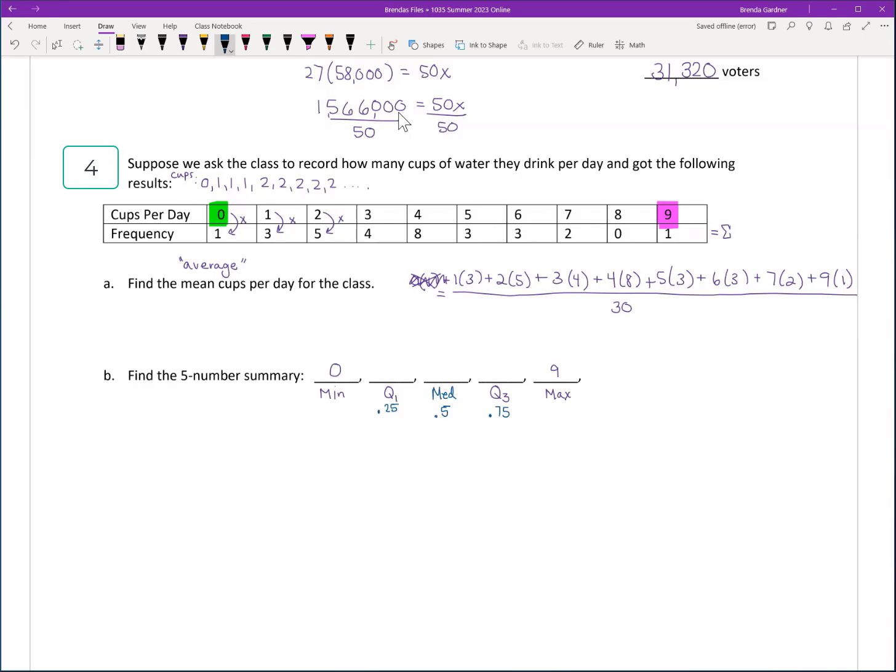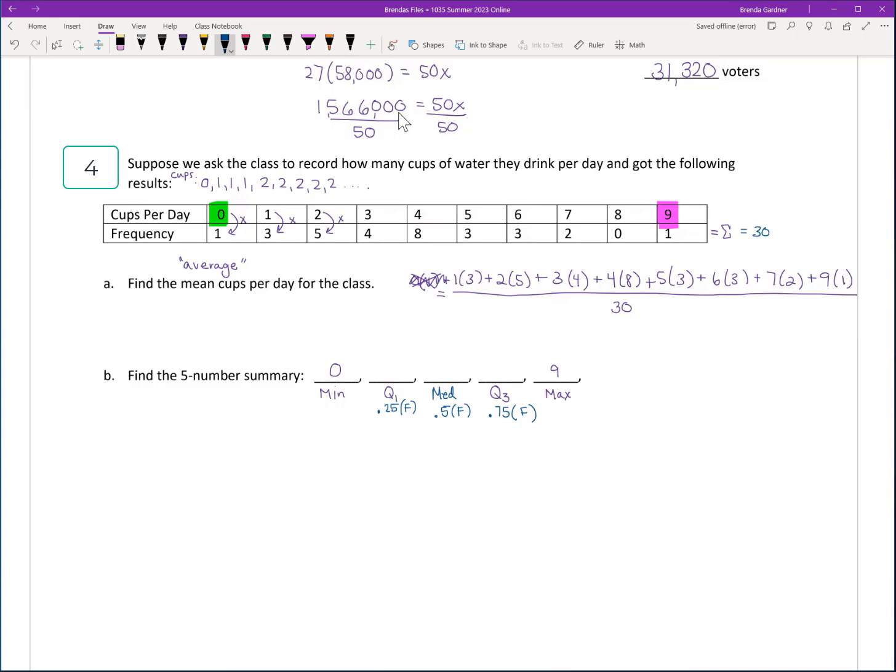So what I'm going to do is take 0.25 times the frequency, and I'm going to do that for each of the Q1, the median, and Q3. How many people did I ask?